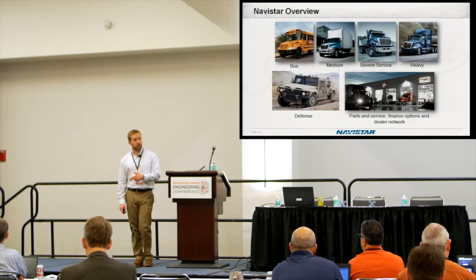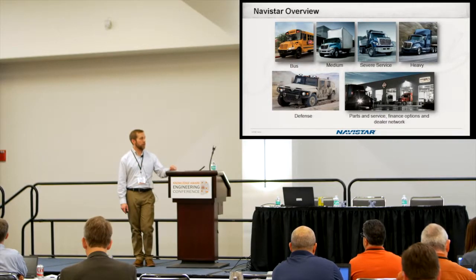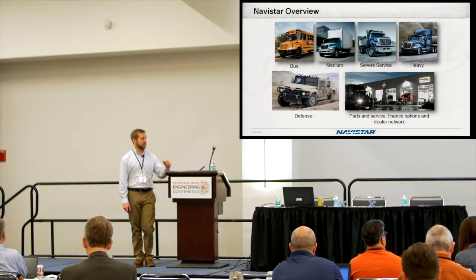In Huntsville, Alabama, we've got engine manufacturing, truck manufacturing in Ohio and Mexico, bus manufacturing in Oklahoma. We're maybe about an $8 billion company, 50 to 60,000 units a year, with a big parts service dealer network. We have a joint venture coming up with our friends at GM for a Class 4-5 vehicle, so look out for that in the next couple of years.